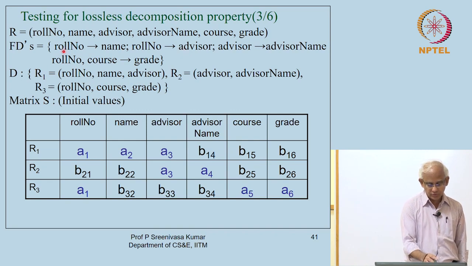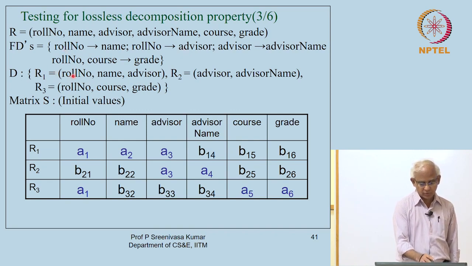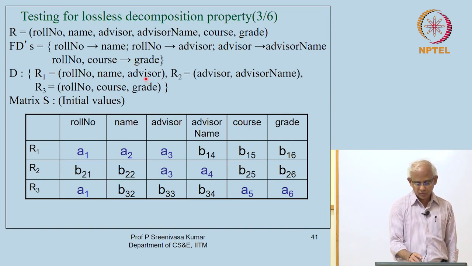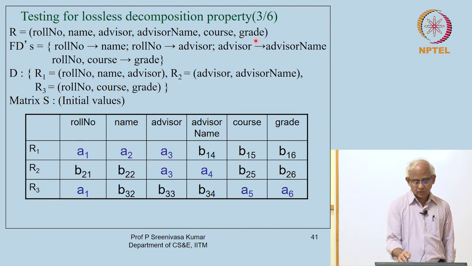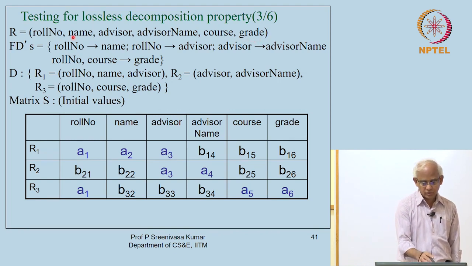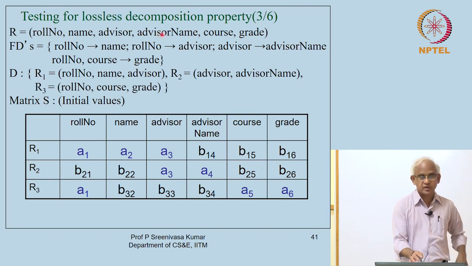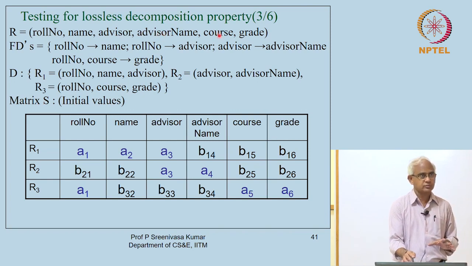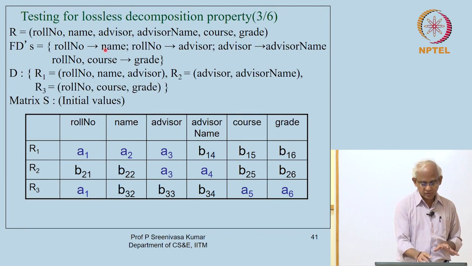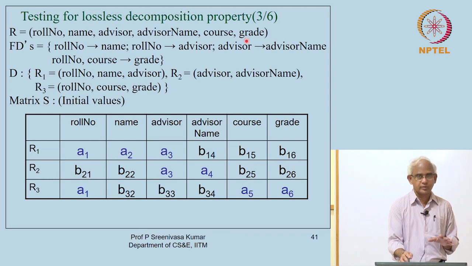Now, we are going to do a decomposition like this: R1 is roll number, name, advisor; R2 is advisor, advisor name; and R3 is roll number, course and grade. The original relation has information about different aspects mixed up into one relation. So if you check the normal forms based on these functional dependencies, it will not be in an appropriate normal form, such as 3NF.